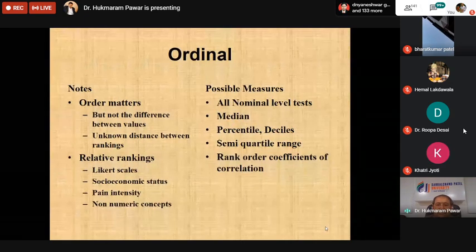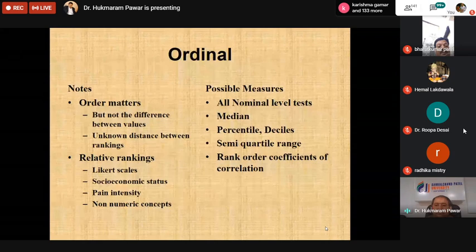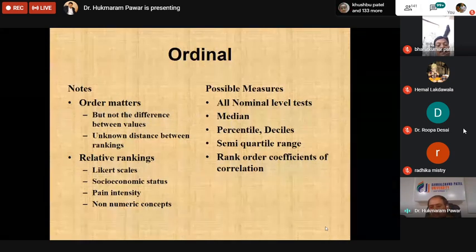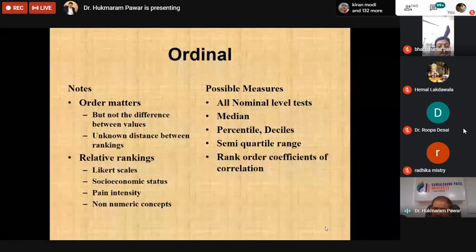And in ordinal, the possible measures are the most important thing. Why are we learning this, why are we classifying this data? For the purpose of assigning the statistical tool. So which statistical tools are possible here? All nominal level tests can be used here.